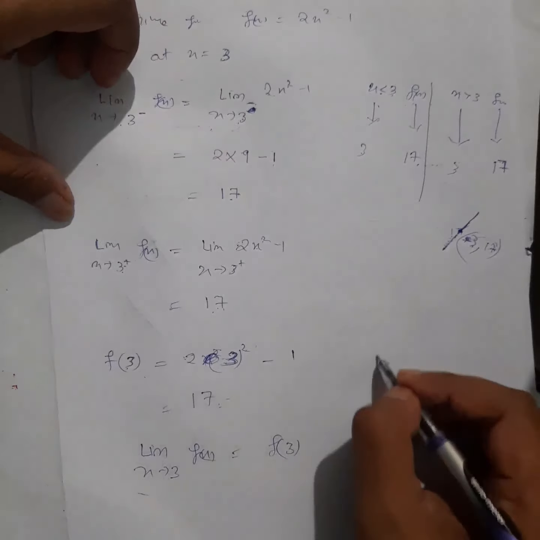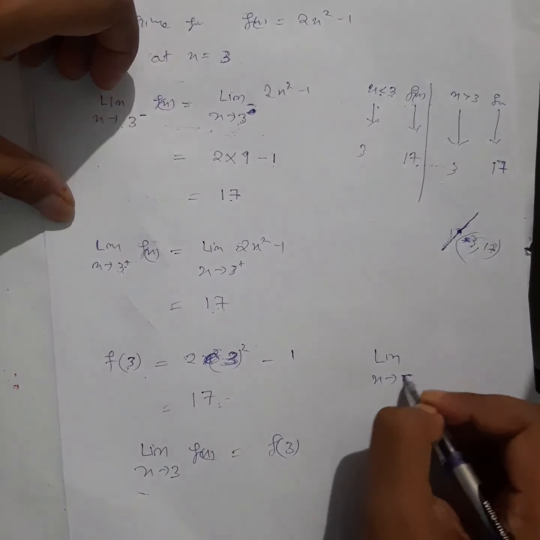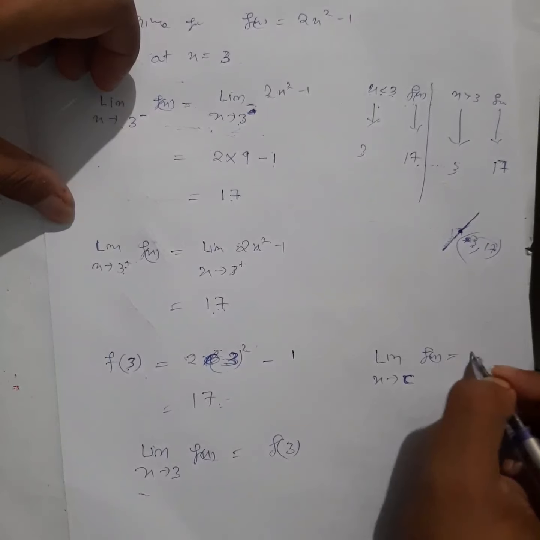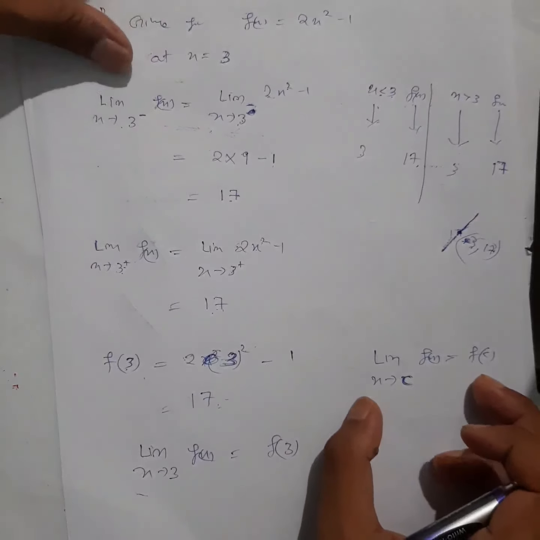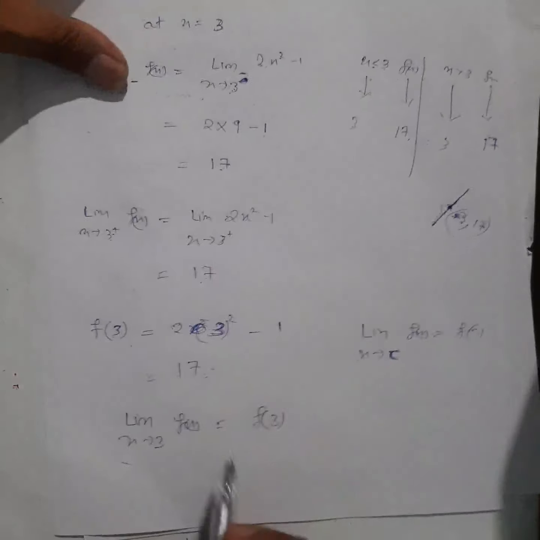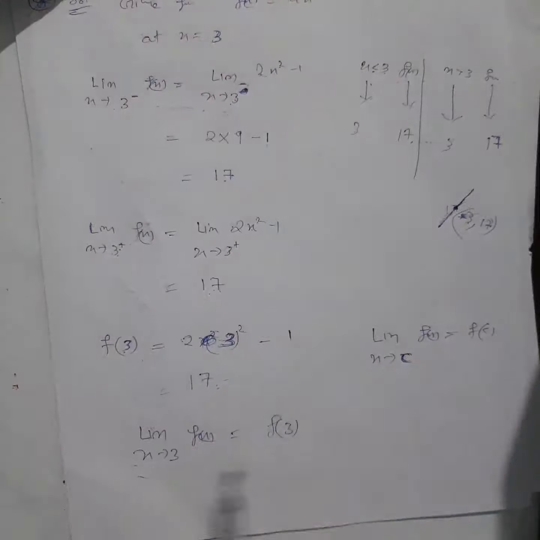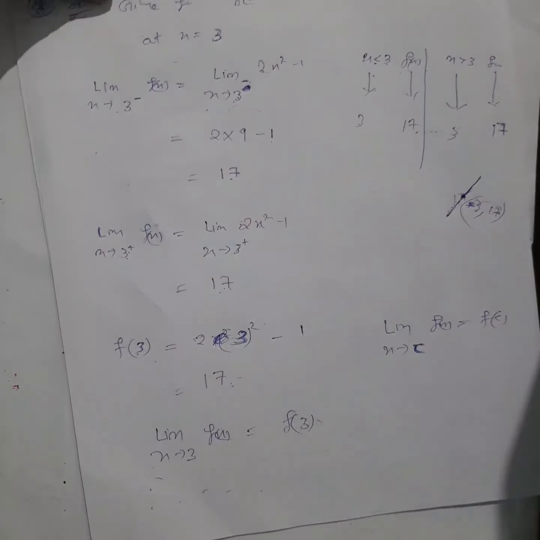This was the definition. If you don't remember, the definition was: limit x tends to c of f(x) equals f(c). I have already given the definition in the previous class and explained how this definition came through the graph, and in every question I'm explaining that. So since this is equal, it is continuous at x = 3.